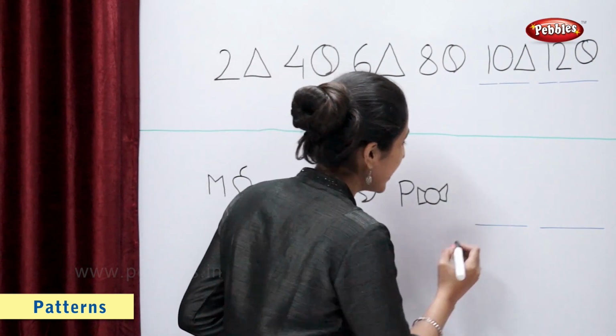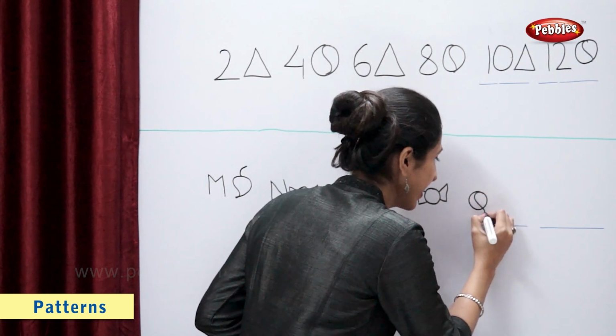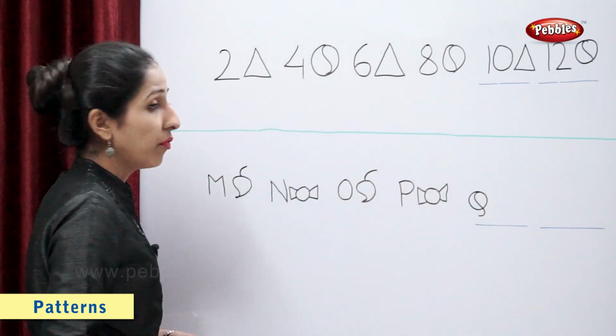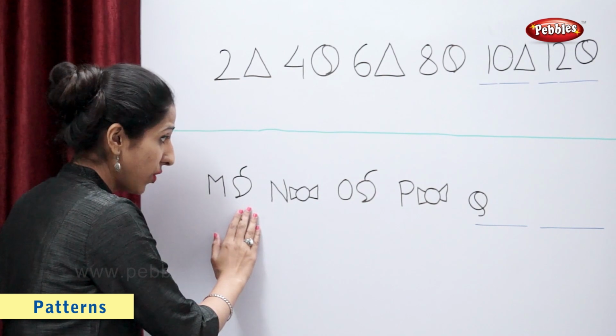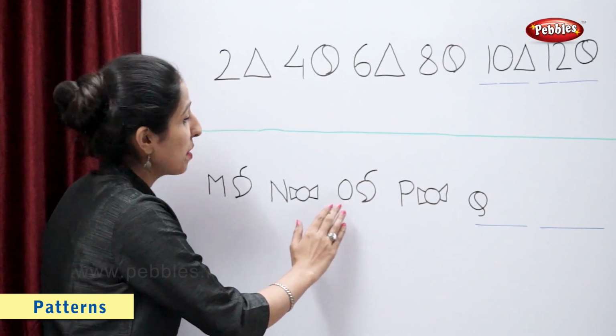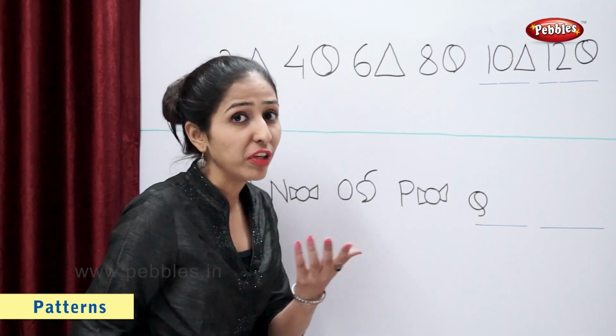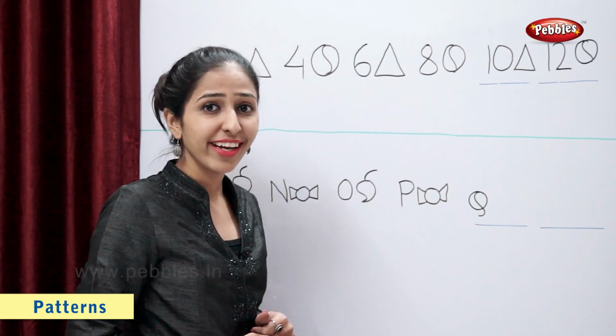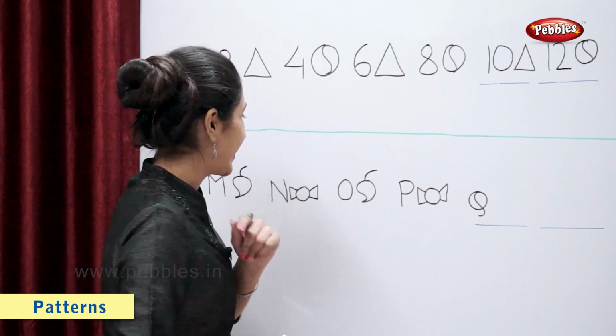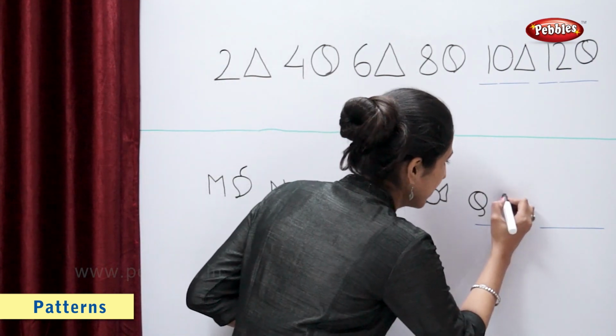Correct. Letter Q. We have mango, toffee, mango, toffee. So, which is the next figure? Correct. A mango.